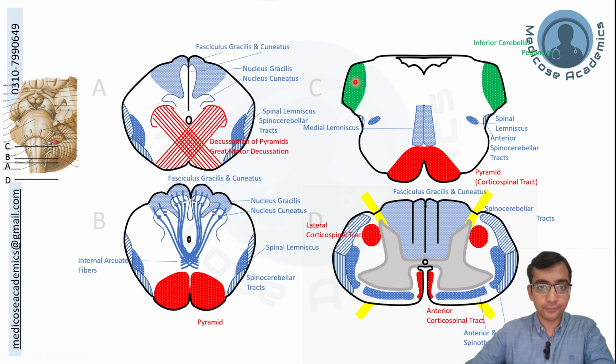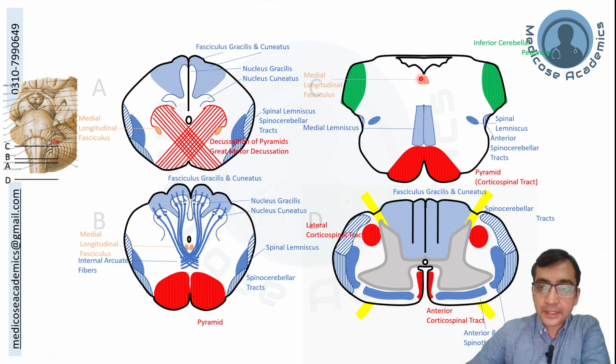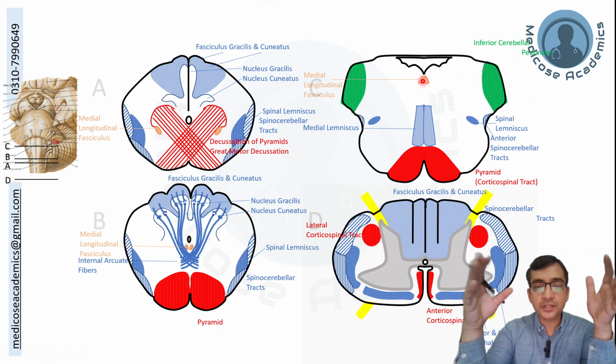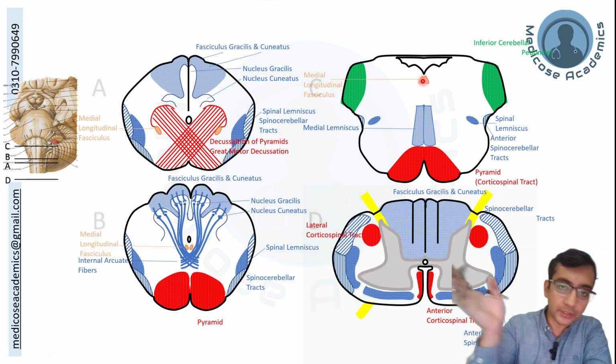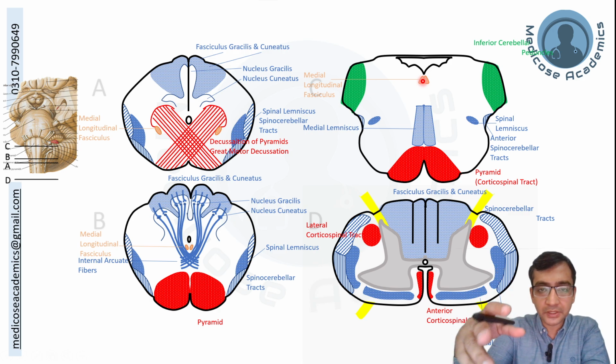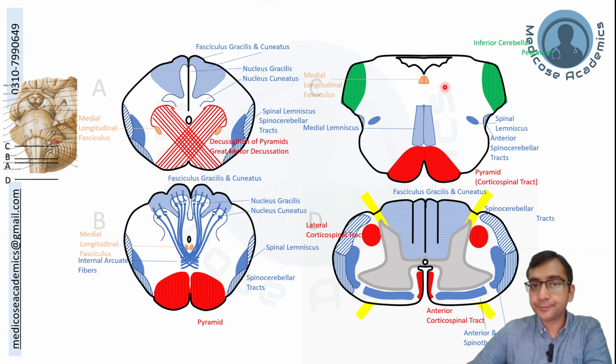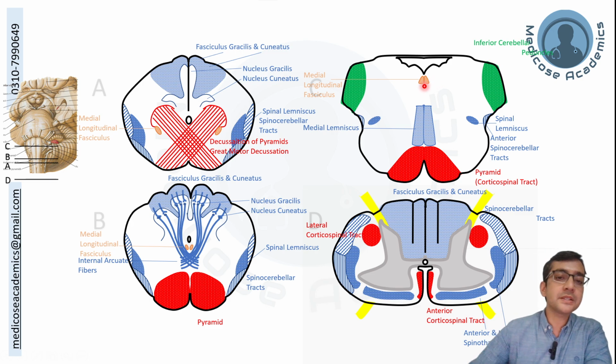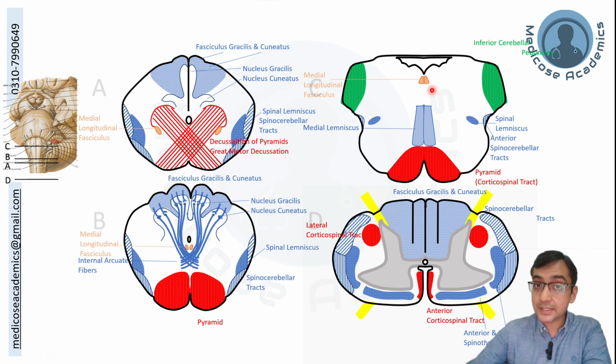Next, the medial longitudinal fasciculus. This is a tract that connects all three extraocular muscle nuclei. So there is the oculomotor nerve, cranial nerve number 3, there is cranial nerve number 4, that is the trochlear nucleus, and there is cranial nerve number 6, that is the abducens nucleus.